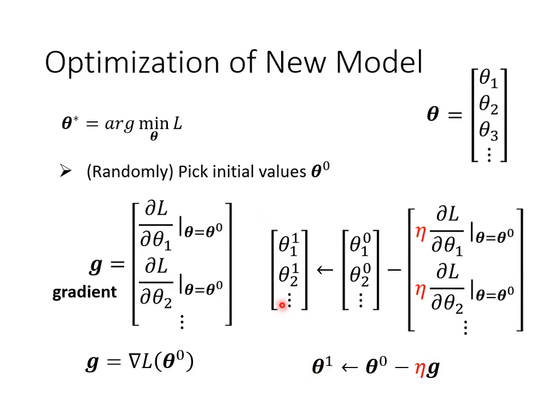We collect all the thetas here and call it theta 1. The vector theta 0 minus the learning rate multiplied by g, which is also a vector, is theta 1. Suppose you have 1000 parameters here. Then theta 0 has 1000 values. It's a 1000 dimension vector. G is a 1000 dimension vector. Theta 1 is also a 1000 dimension vector.